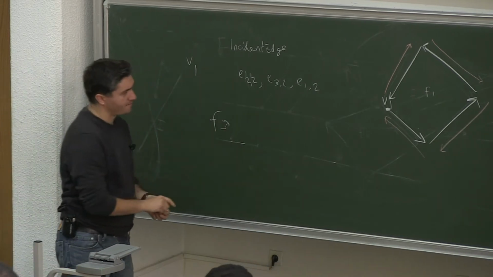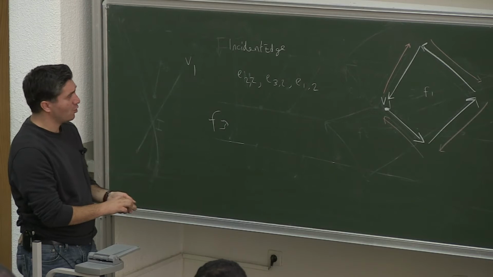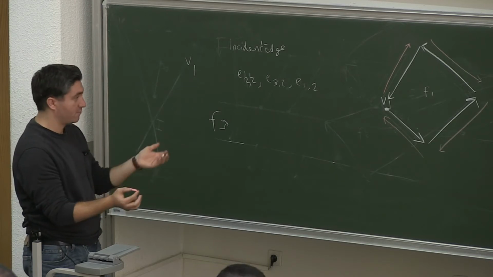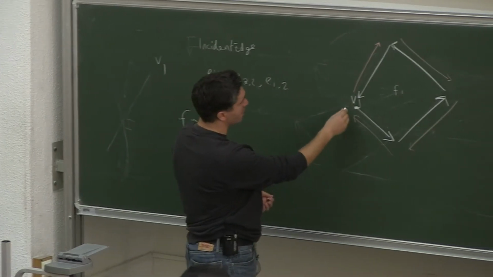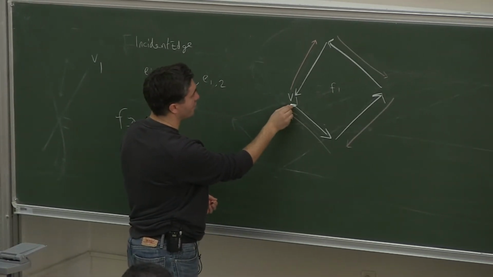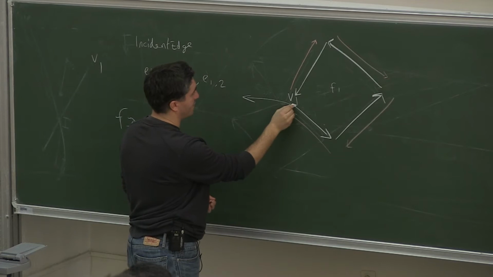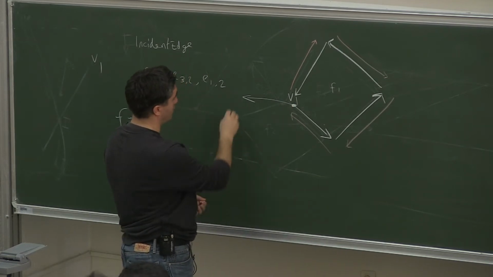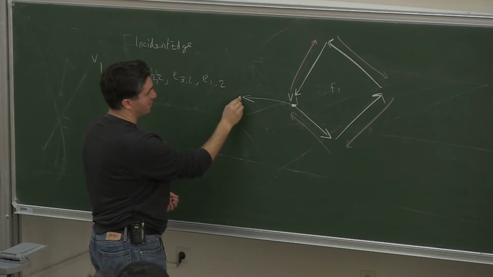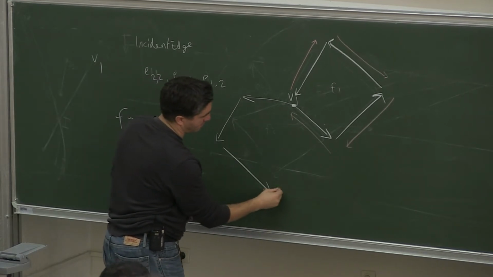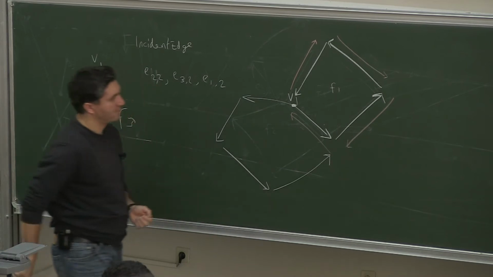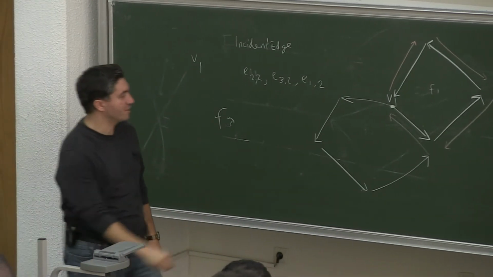Okay, now let's imagine V1 also has two other incident faces. So let's have V1 as the origin of another face like this. Okay, in counterclockwise order, this is F2.